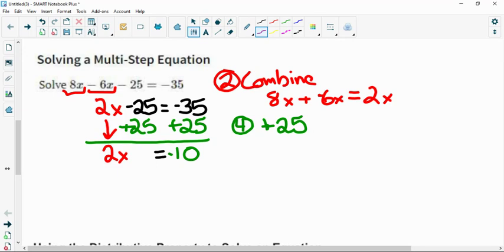We've got one more step because x is still not isolated. The goal is to isolate x, so x needs to be all by itself. I have left 2 times x, and since it's times, it's multiplication, ask yourself, how do you undo multiplication?